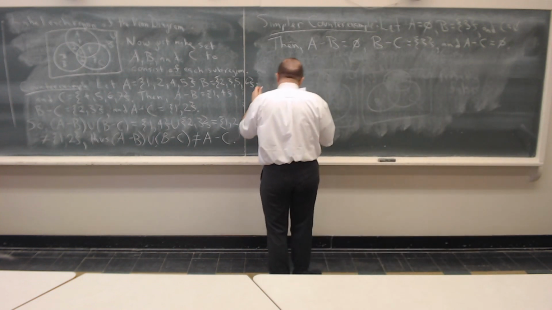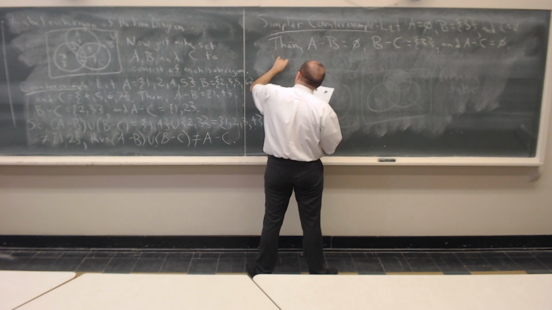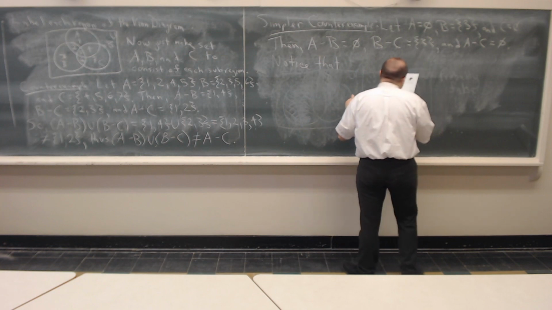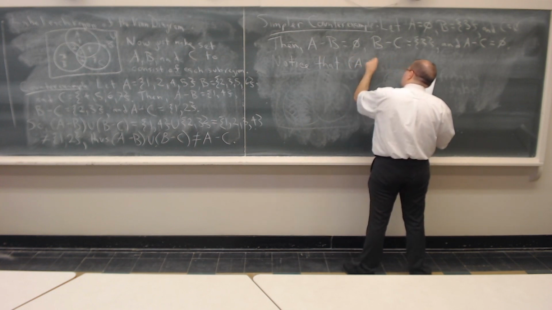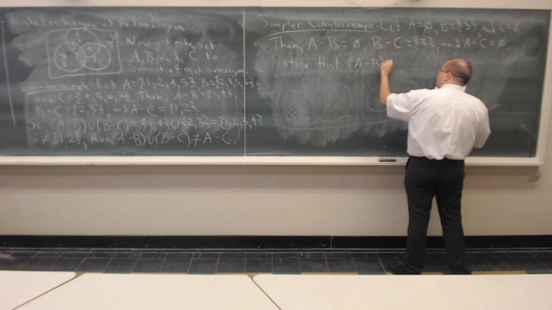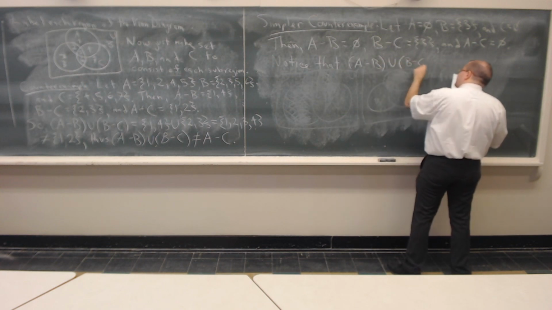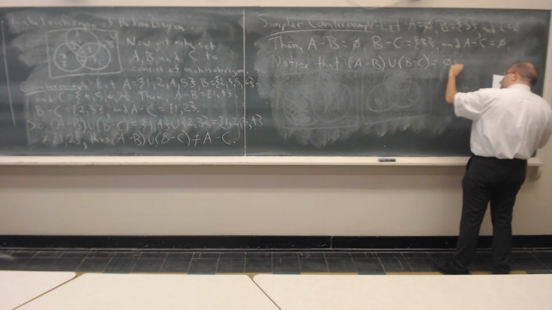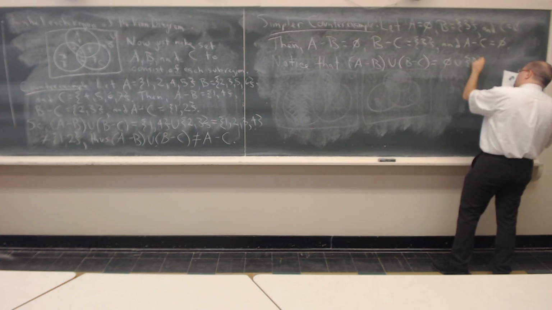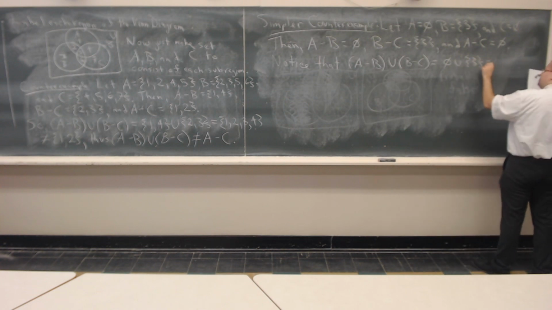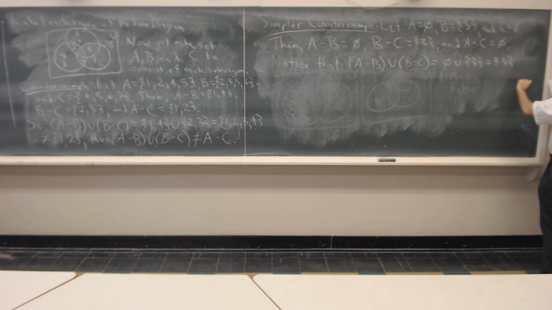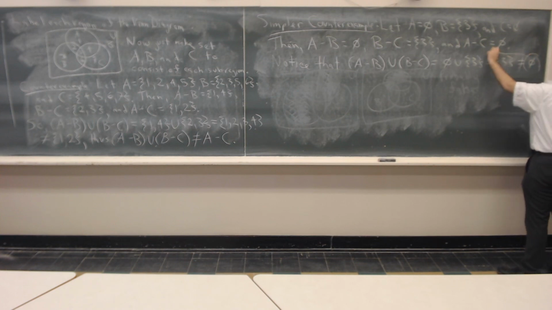So, that just means, notice that A minus B union B minus C is going to be equal to the empty set union the element 3, which is, of course, just the set containing the element 3, which is, of course, not equal to the empty set. That's that one right there.